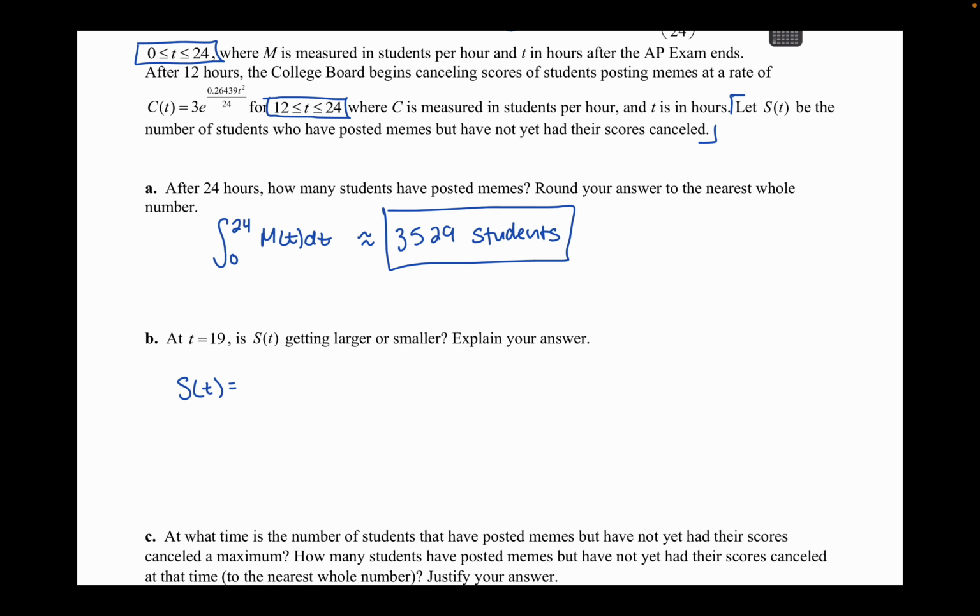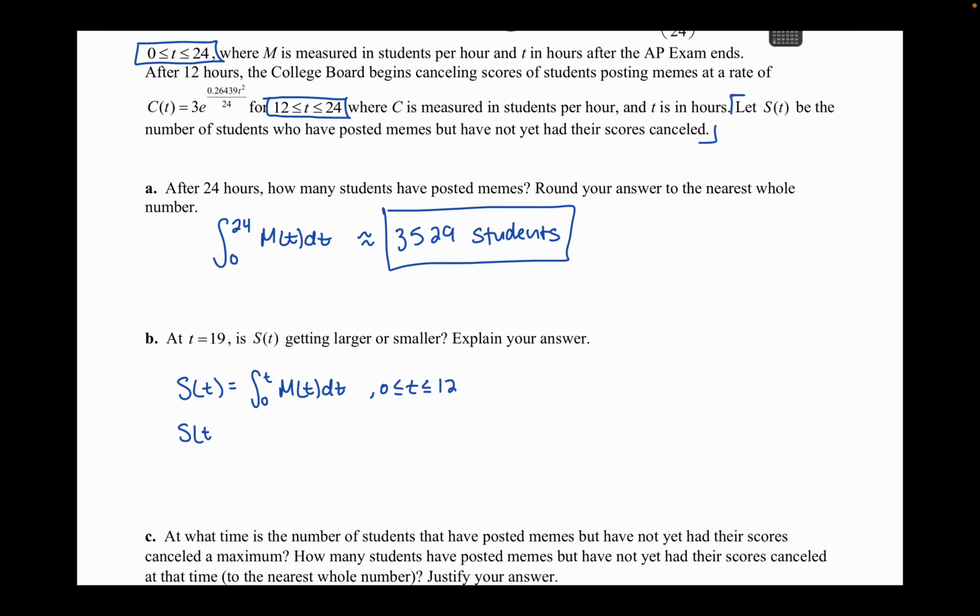S of t we can find by figuring out the amount of students who have posted minus the amount of students who have had their scores canceled. And to find the amount, that actually means we have to find the integral. So this is going to be the integral from 0 to t of M of t dt. S of t only equals this for 0 to 12.